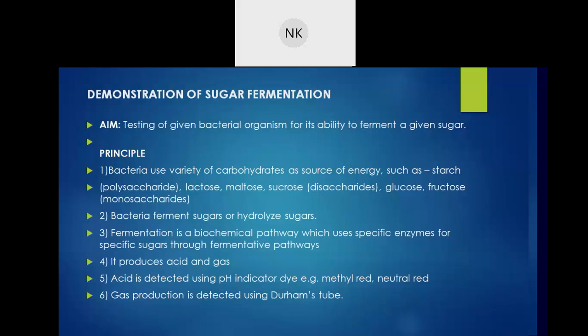Gas production is detected by using a small tube which is inserted into the normal test tube with the broth, and as a result gas is collected in the Durham's tube.